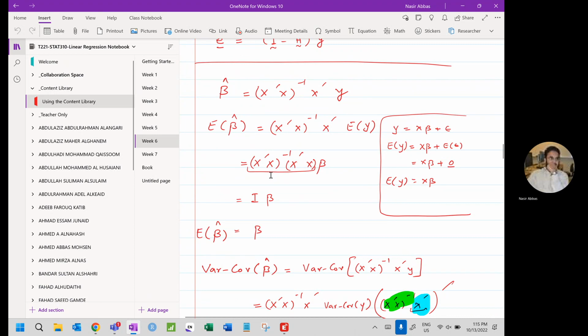Gentlemen, this is the solution for 2B. You start with beta hat because you have already derived this beta hat in part A. If there is a student who is unable to do this in part A, he doesn't know the answer. In part B, you ask me: I want the expression for beta hat to do part B. I don't want to do part A. I don't know how to do it.